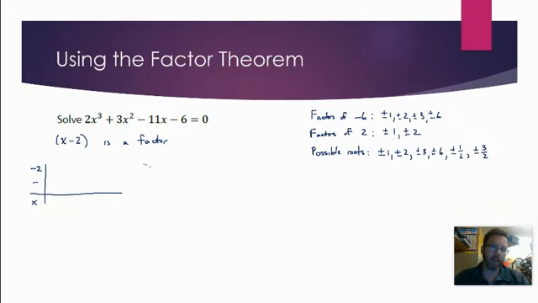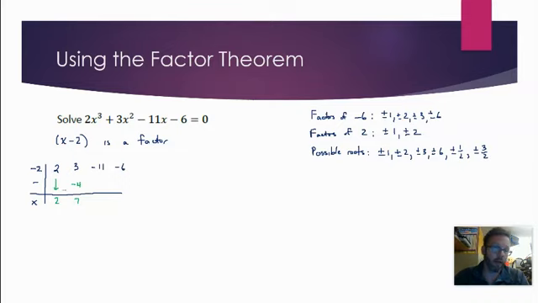And then we put the leading coefficients of our polynomial, 2, 3, minus 11, minus 6. Hopefully, you have lots of practice doing that. As we need to use this more and more in lessons, we'll move through them quicker and quicker. So bring down the 2, and then multiply, negative 4. 3 subtract negative 4 is 7.